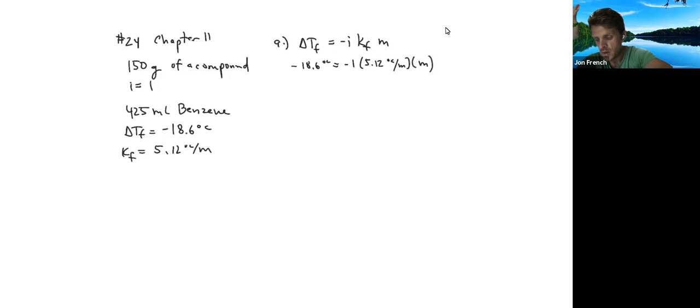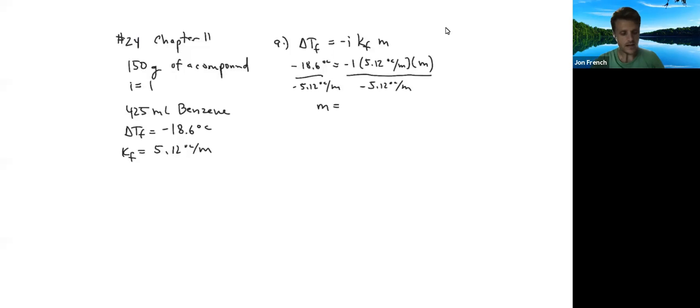Molality is unknown, so we divide both sides by negative 5.12 degrees Celsius per molal. The degrees Celsius cancel out, and we're left with a molality of approximately 3.63. So that's part A.